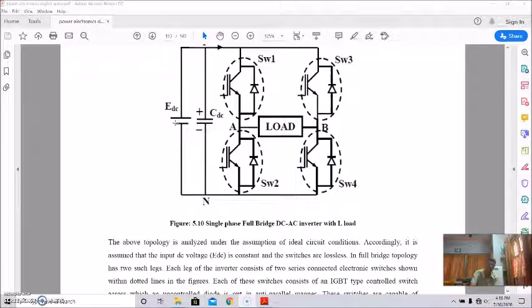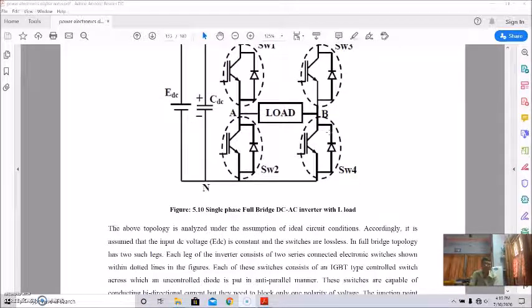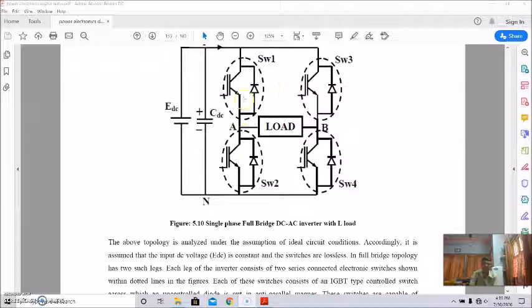The full bridge topology has two such legs. Each leg of the inverter consists of two series connected electronic switches like this. This is one leg, this is another leg.